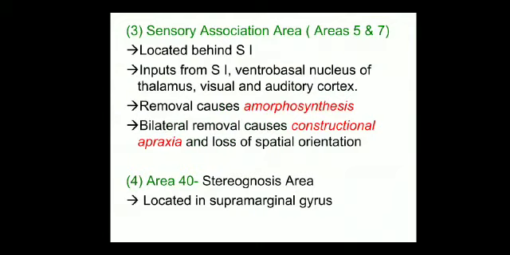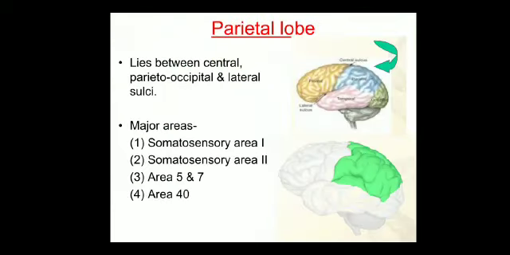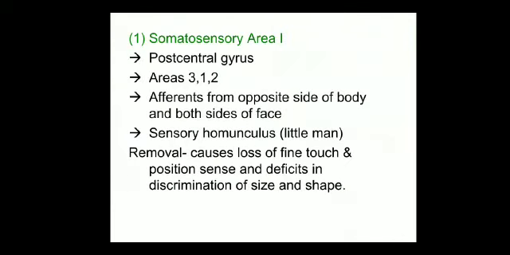Apart from this, areas 5 and 7 receive inputs from the somatosensory 1 and the ventrobasal nucleus of the thalamus, visual and auditory cortex. And then the somatosensory areas 1 and 2, we learned in the previous class, somatosensory area 1 is 3, 1, 2.